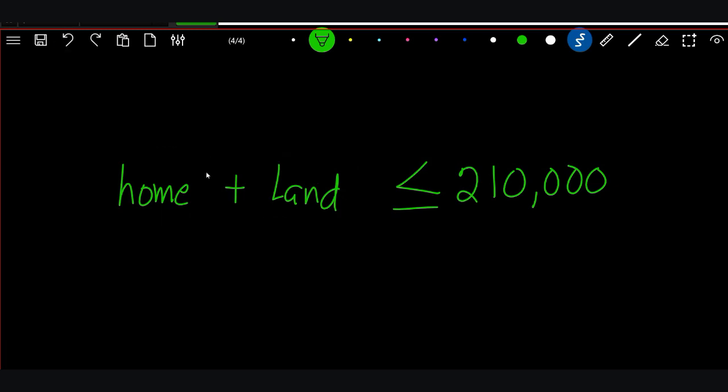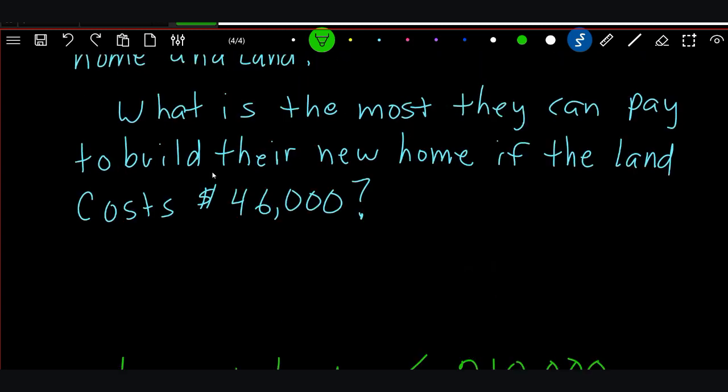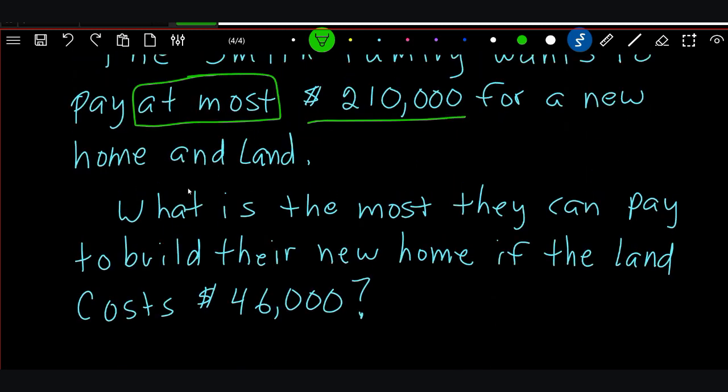And obviously with this being an algebra problem, we don't want to write home and land, so we want to write this in a different way. But let's keep reading the problem to see if we get any more hints. What is the most they can pay to build their new home if the land costs $46,000? So right now they're telling you the land is going to cost $46,000.